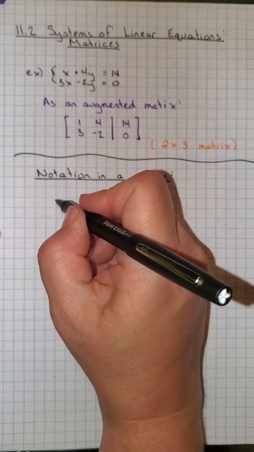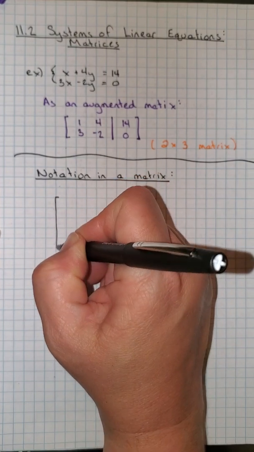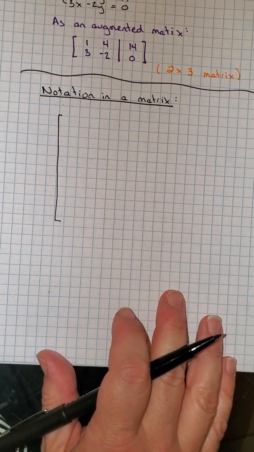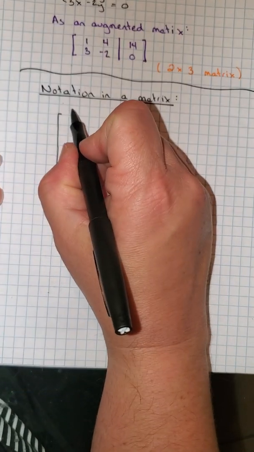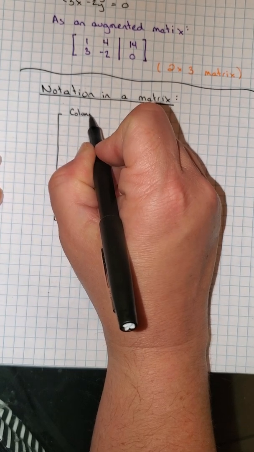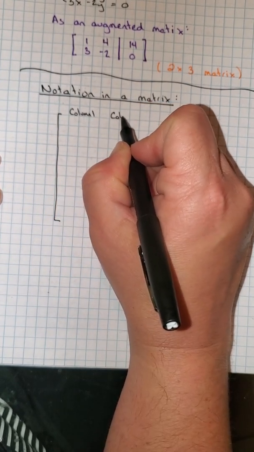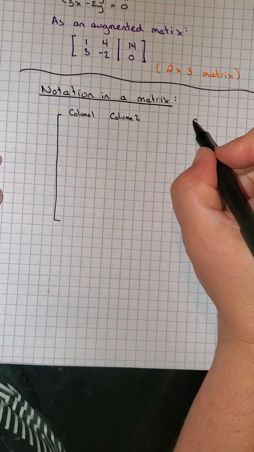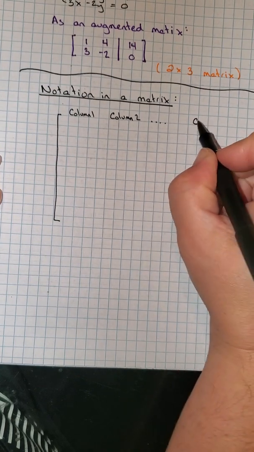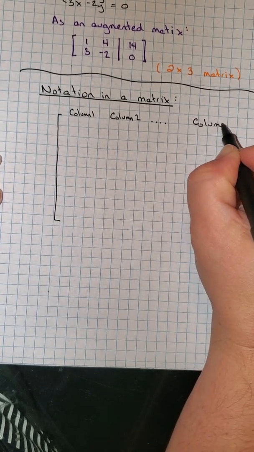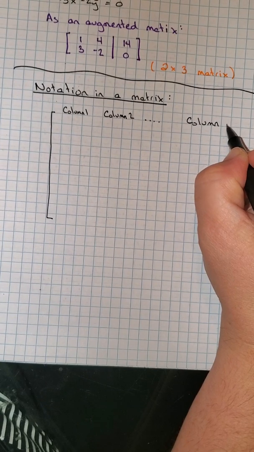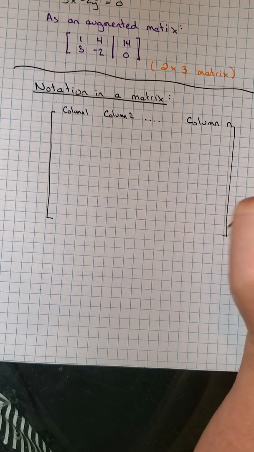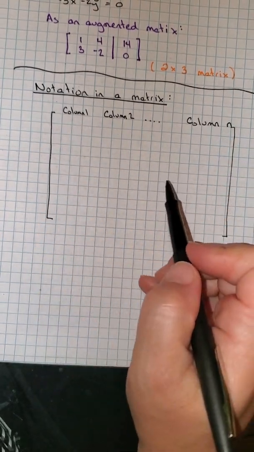Okay, so going down, you have your columns. So we'll have column 1, and then column 2, and so on and so forth, until you get to the end, which generically we'll call column N. So the things that go this way will be the columns.